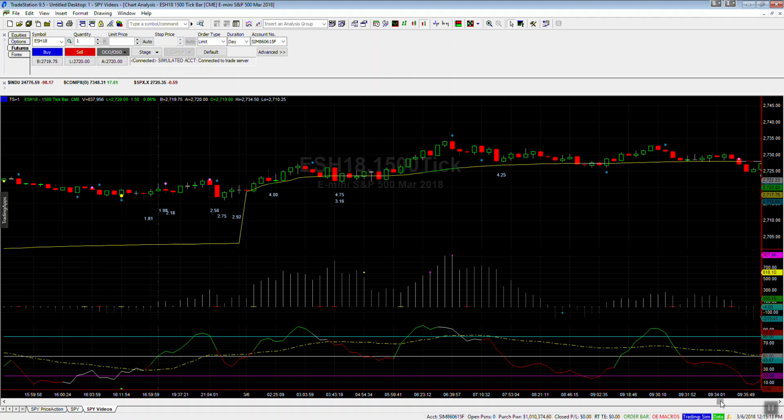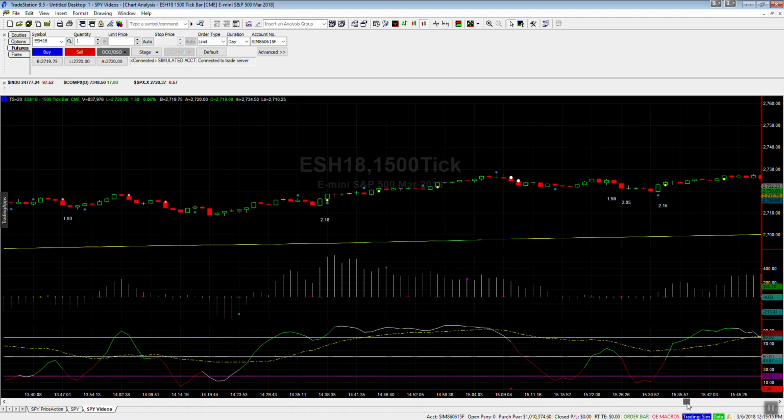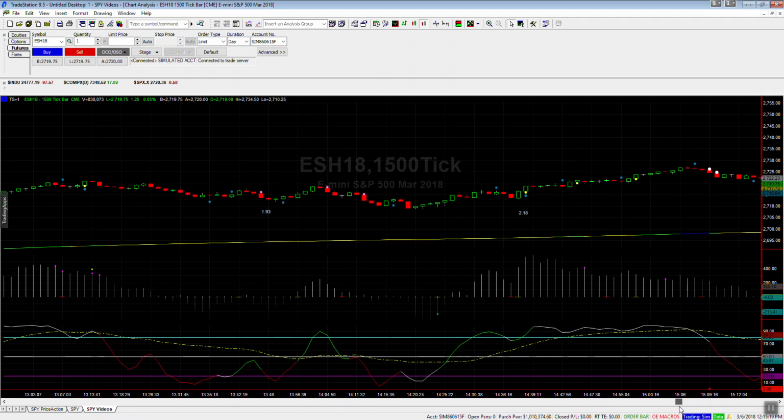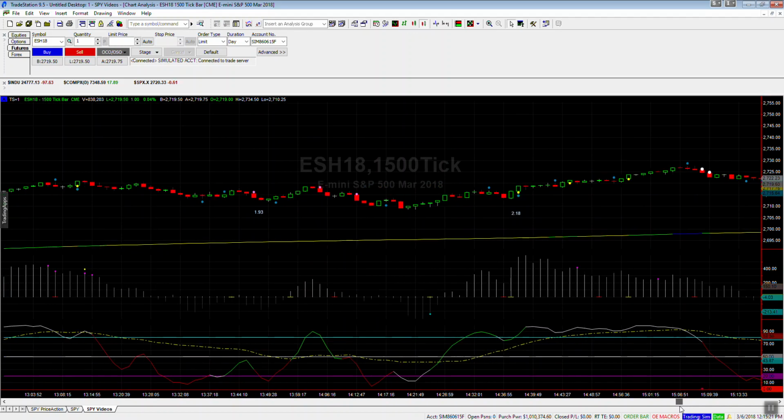Some of these were pre-market, and it still works there, but it's better to read it during the market hours. Okay, so we're over here in the market hours, and we see it crossing up here, and price goes up. We see it crossing here, and price goes down.